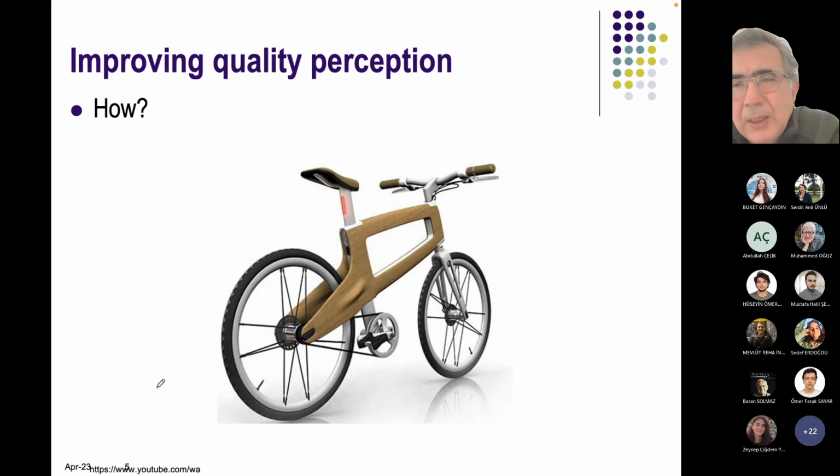And how do we improve the quality? Generally, the human brain likes symmetry. Based on the Gestalt principles that we have learned, there are certain things that are associated with high quality. One of them is color.